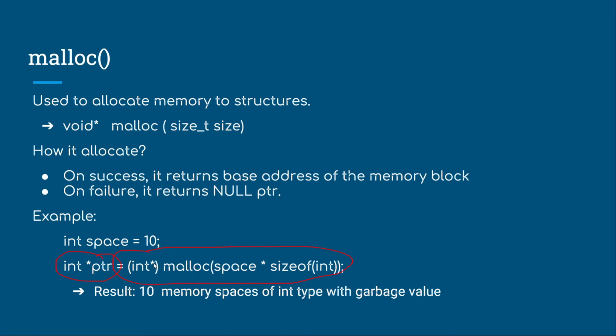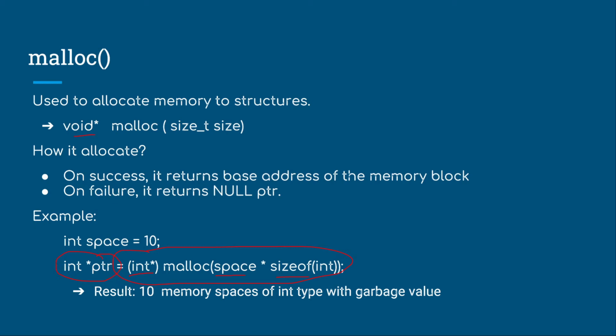So what does this mean? Int asterisk means I have typecasted this malloc from void to the int type. And then I have used space into size of int. That means it will be allocating 10 spaces aligned with the size of int, that means the number of bytes the int data type will require.